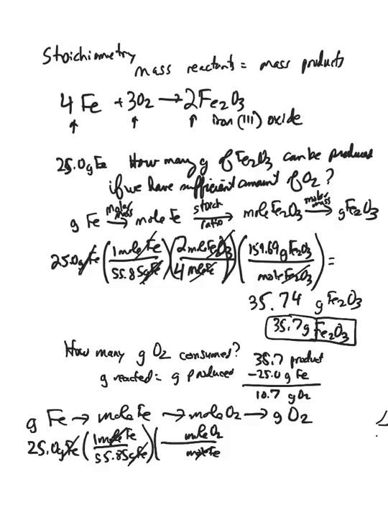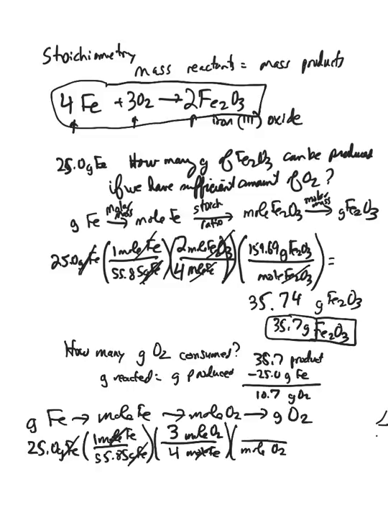So moles of oxygen is going to go in my numerator, moles of iron in the denominator, so that would cancel. But I need my stoichiometric ratio, so go back to my balanced chemical equation up top that says that 3 moles of oxygen reacts with 4 moles of iron exactly. And then I can convert moles of molecular oxygen, moles O2, to grams O2 by using my periodic table. So 1 atom of oxygen is 16, 2 would be 32. I'm talking about moles, so I really need to change that to grams.